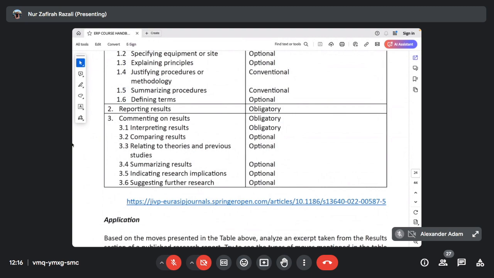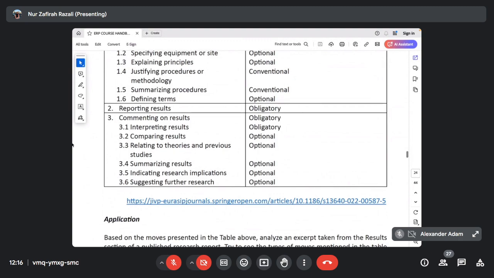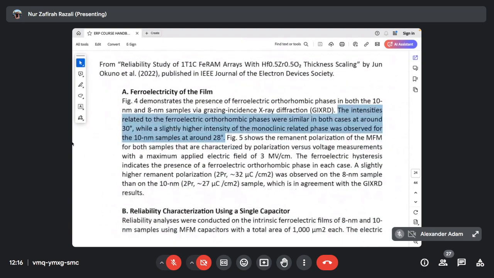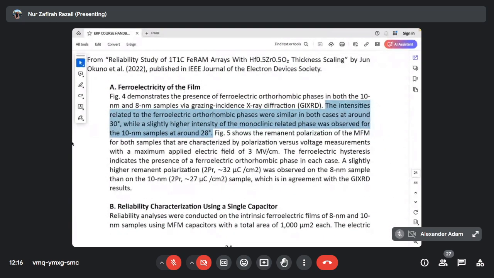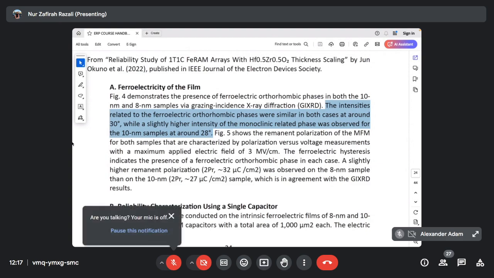Is it move two, reporting results, or move three, commenting on results? Who says reporting? Raise your hands.